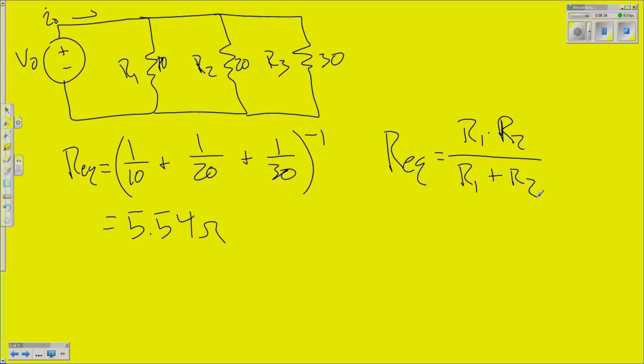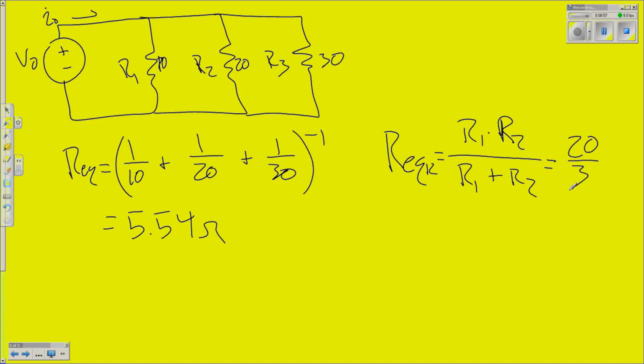That's REQ between just 1 and 2, not 1, 2, and 3. So here we've got 10 times 20, which is 200, over 30.